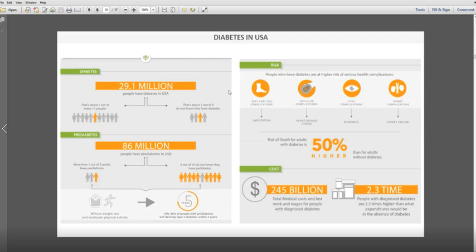The folks who are at risk, the people who have diabetes, are at higher risk of other health complications. So I've mentioned the foot neuropathy. Okay, so that's certainly a complication, and that can lead to an amputation. Vascular complications, arteriosclerosis, coronary artery disease, stroke. These are complications related to diabetes.